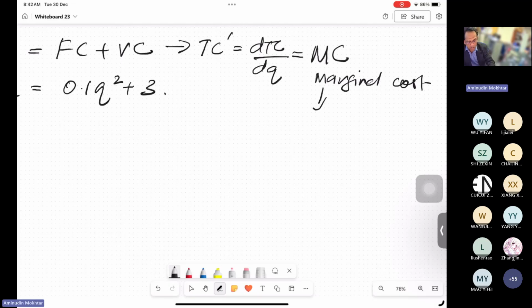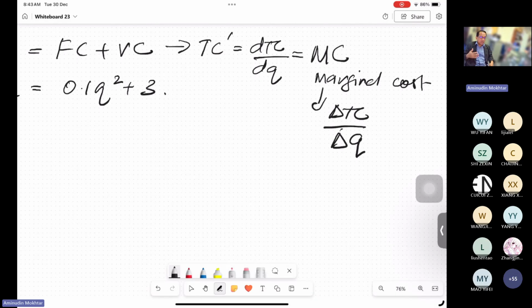Marginal cost is based on the theory. The formula for marginal cost is the change in TC, delta TC, divided by the change in quantity. In other words, the marginal cost measures the effect of quantity on total cost.